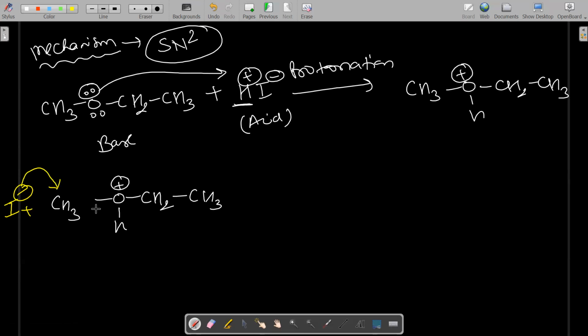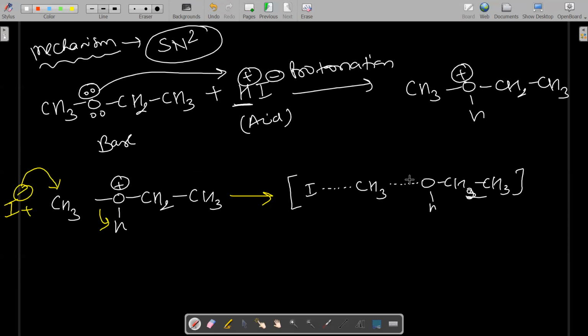And you know in SN2 mechanism, attacking and breaking both occur simultaneously. Hence we get a transition state, with this I minus attached to this CH3. So there is a formation of a bond and a breaking of the bond with oxygen, and formation of the transition state.